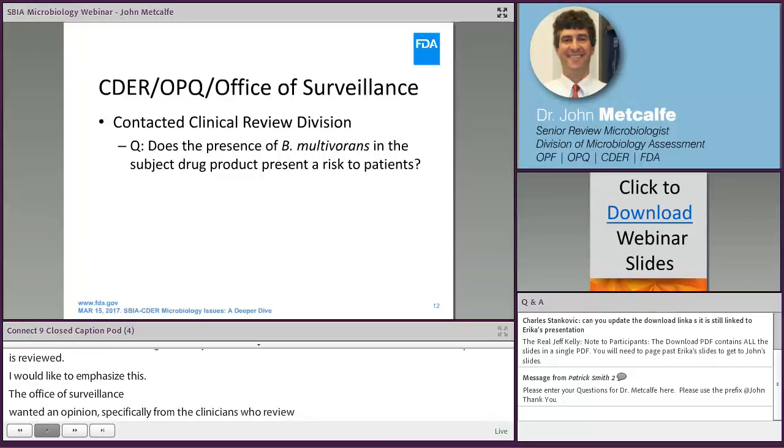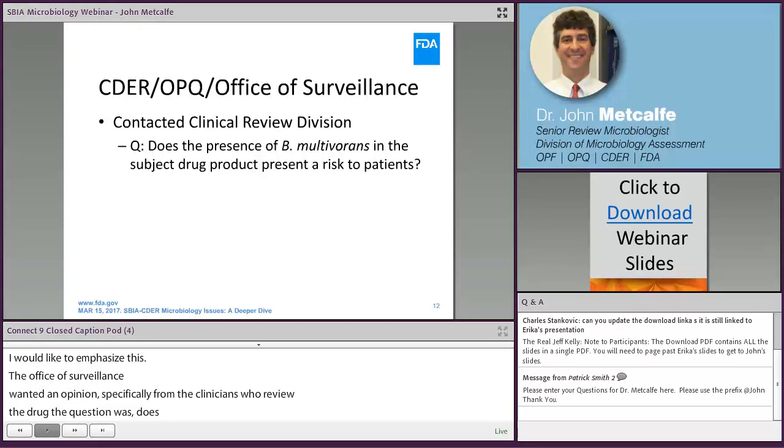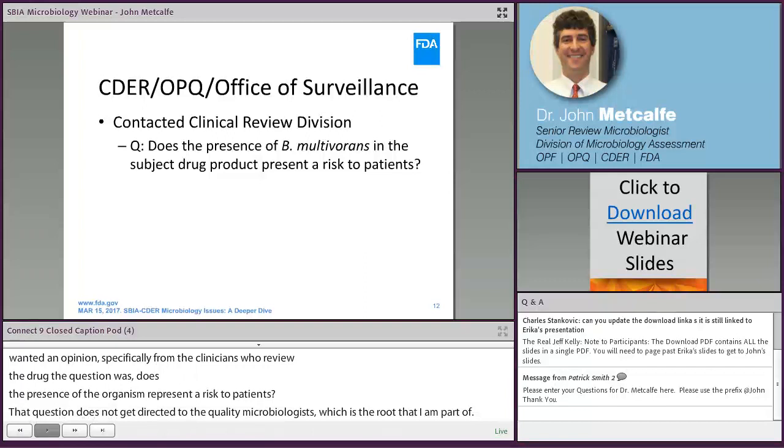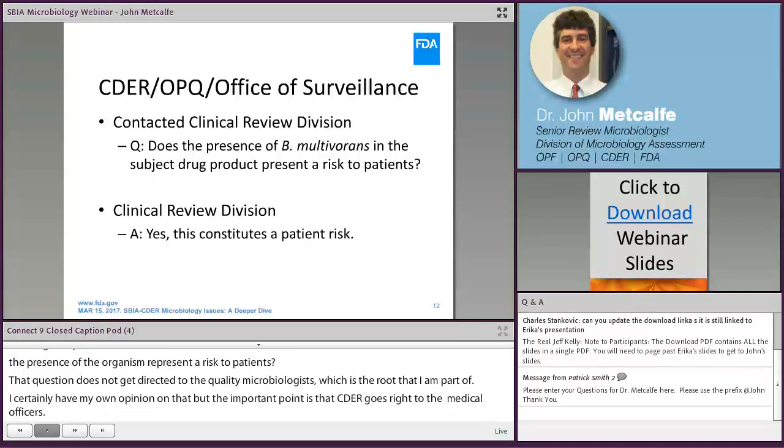My point for sharing that is that question doesn't get directed to the quality microbiologists, which is the group that Erica and I are part of. I certainly have my own opinion on that, but the important point is that CDER goes right to the medical officers and asks, does this organism present a patient risk? And the clinical review division says, yes, in this case, this is a risk to patients.